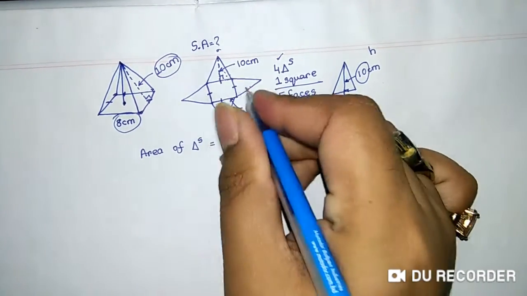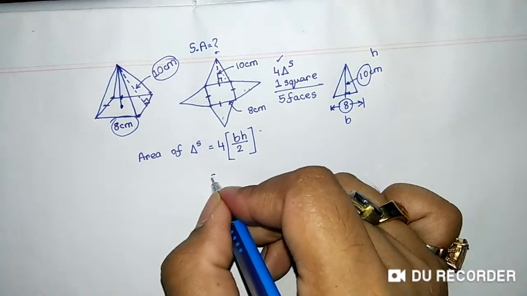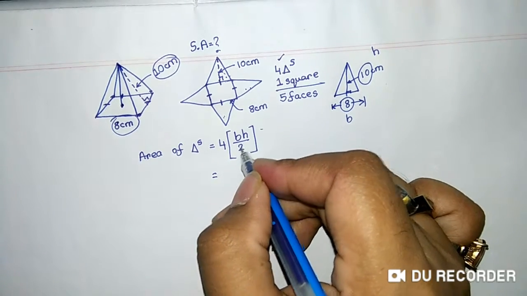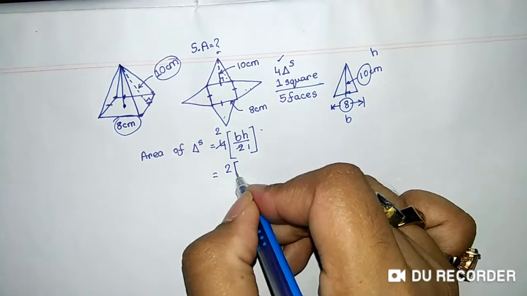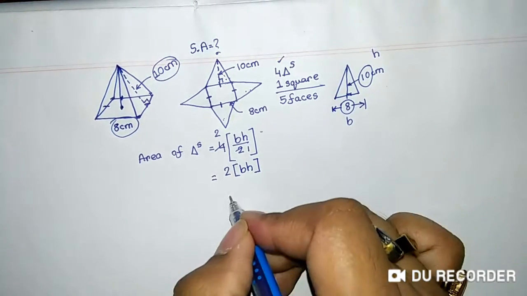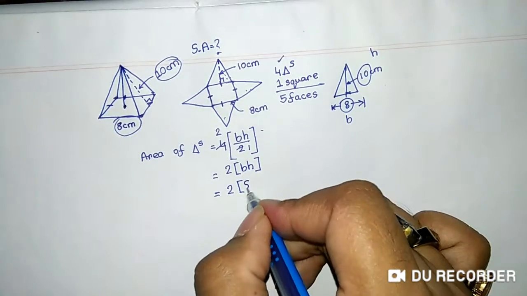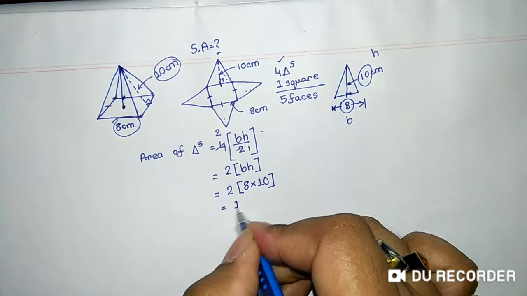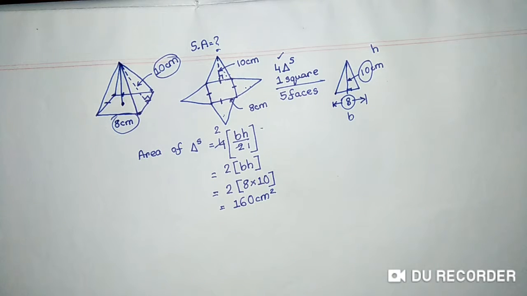But since these 4 triangles are the same, we can multiply that by 4. To make our math easier, we can do a little bit of simplification. 2 ones are 2, 2 twos are 4, and we end up with 2 times base times height. So we can directly insert the values as 8 times 10, and we are going to get an answer of 160 centimeters square.